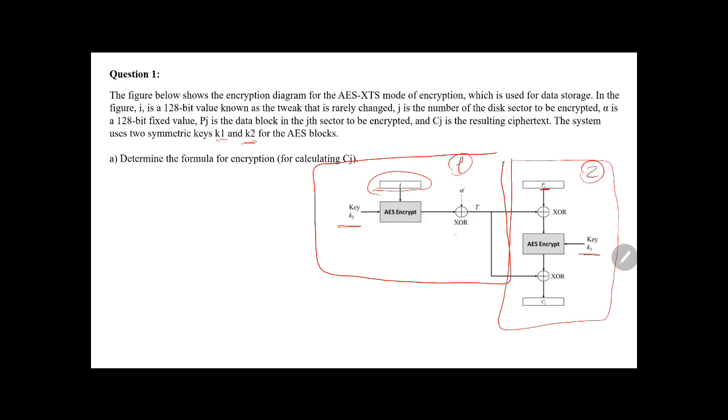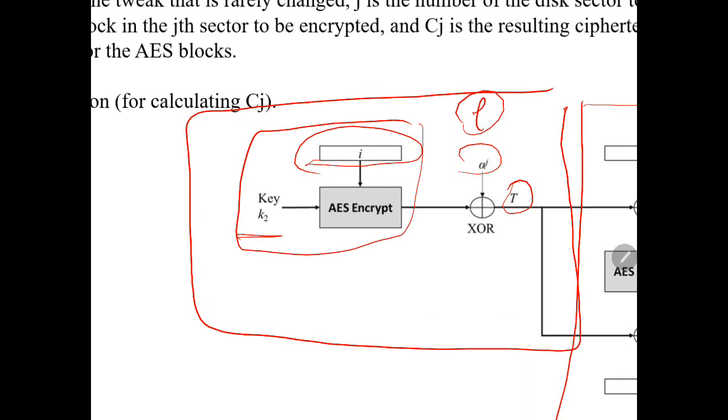Block number 1 takes no inputs from block number 2. So we can start with it. We can model this block that outputs T, then use it in this block. So how can we do this? We can start with T equals, so T equals what? T equals all this part here XORed with alpha J, sorry.